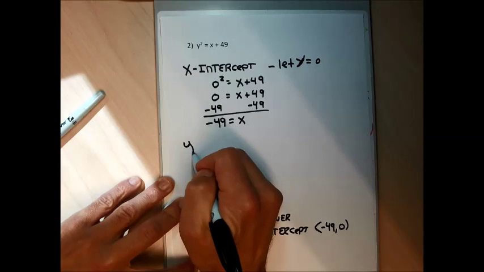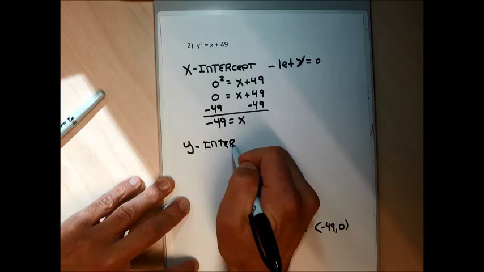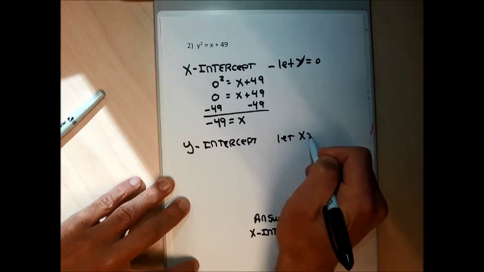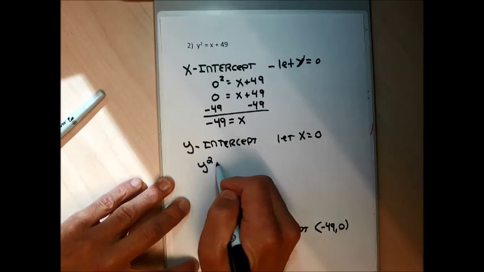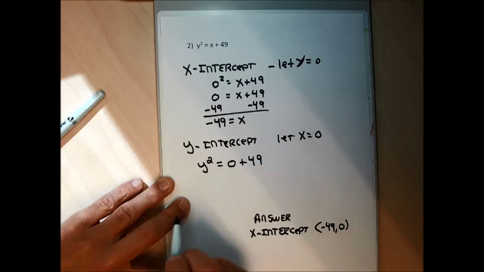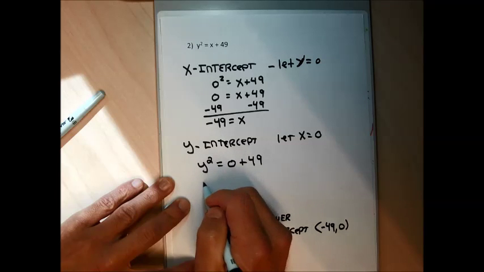When I go to find the y-intercept, I let x be 0. And this is where I have to be careful if I want to solve with square roots. There's going to be 2 ways to solve for the y-intercept. Both of them involve putting in 0 for x.